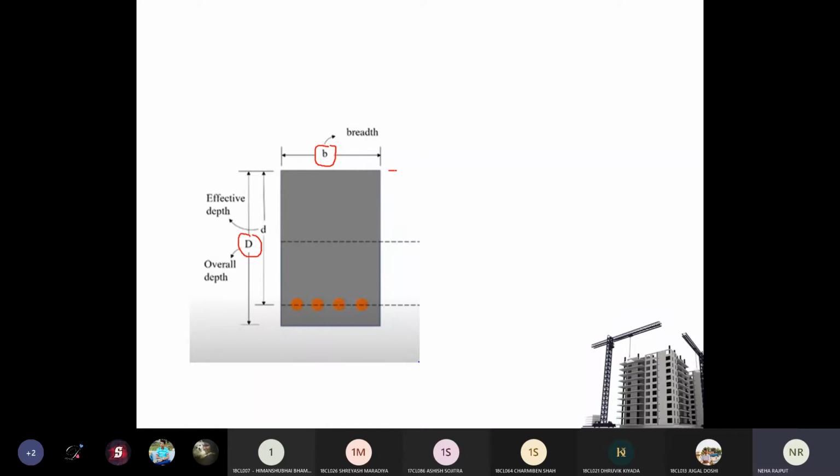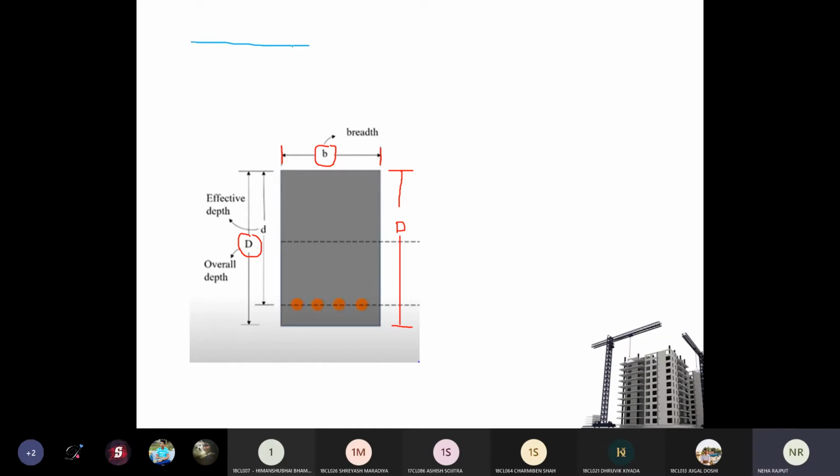That means the depth from the top of the section to the bottom of the section is the effective depth of the section, and the width is this. Then the reinforcement is provided depending on whether that area is tension area or compression area.